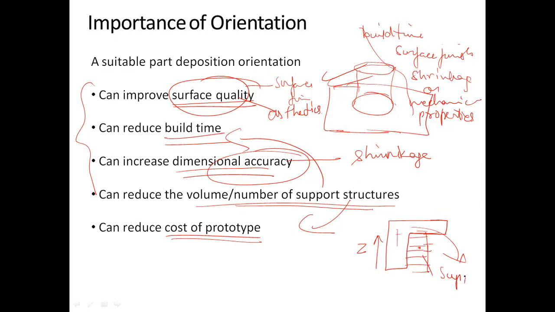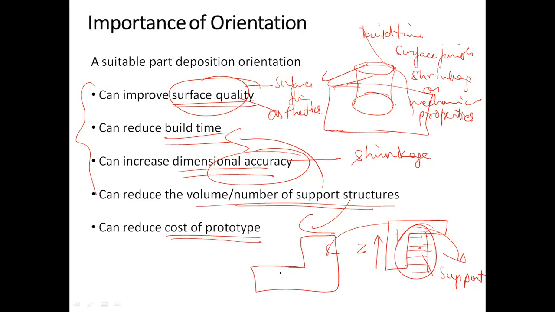This is called support. So how much support is needed, whether support is needed at all, that is also a very valid question. Orientation plays a very significant role in all these studies. Now if I make this same part like this, then I don't need a support structure.